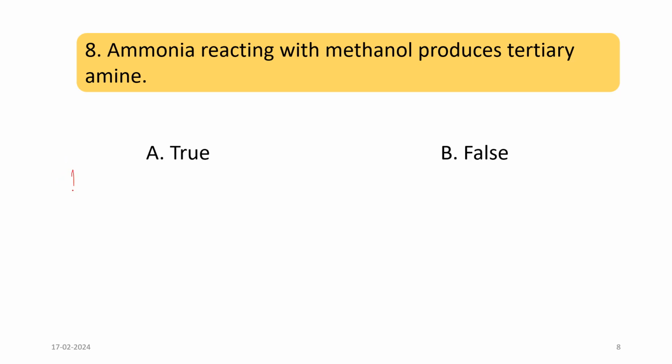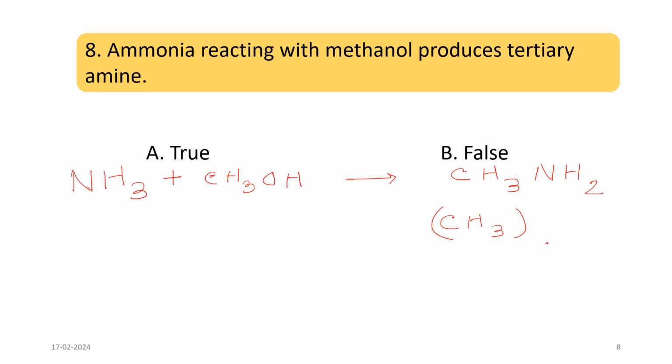That is, ammonia reacting with methanol produces primary amine, then secondary amine, and the third one is tertiary amine.